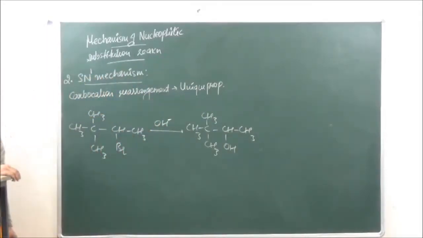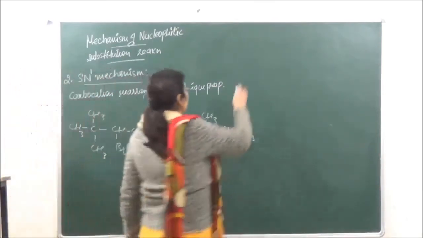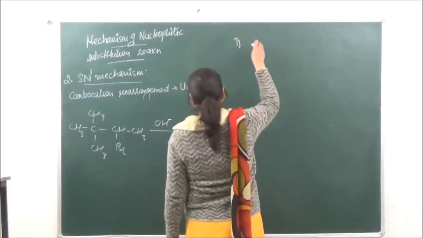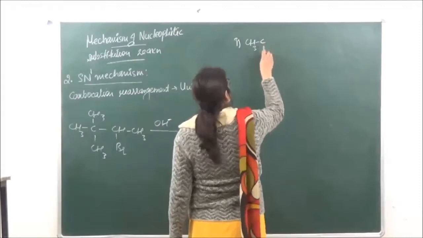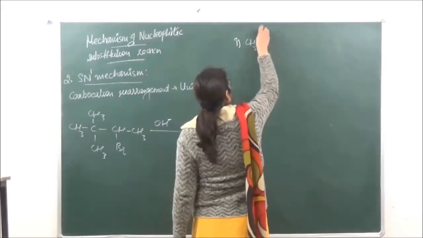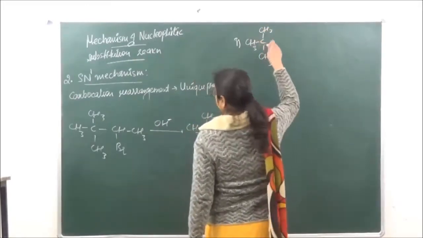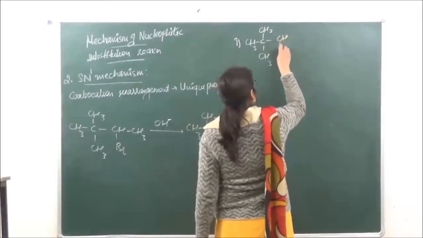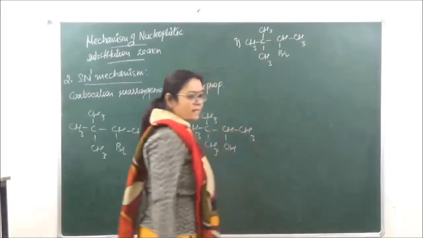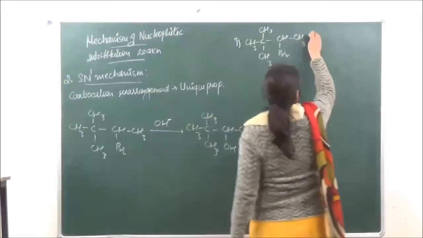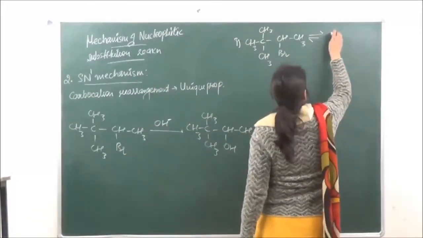Okay, but it is seen over here that there is going to be a methyl shift which takes place. So let's go on to the first step of the reaction. We have over here CH3, C, this is the reactant. In the first step, the carbocation will form.